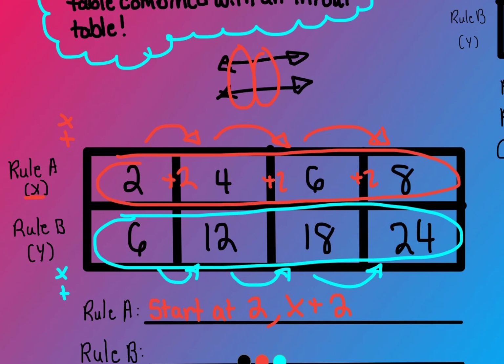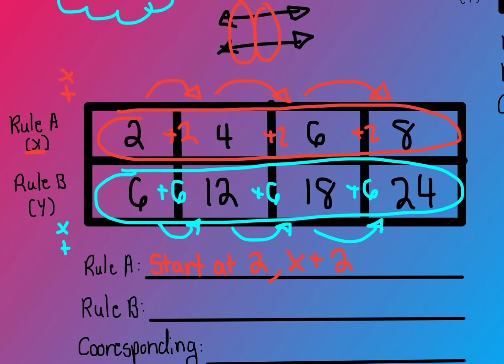I say, okay, well, 6 plus 6 gets me 12. 12 plus 6 gets me 18, and 18 plus 6 gets me 24. So I've figured out my next rule, my y rule. I've figured out that I'm starting at 6, and my y numbers are increasing by 6 each time.